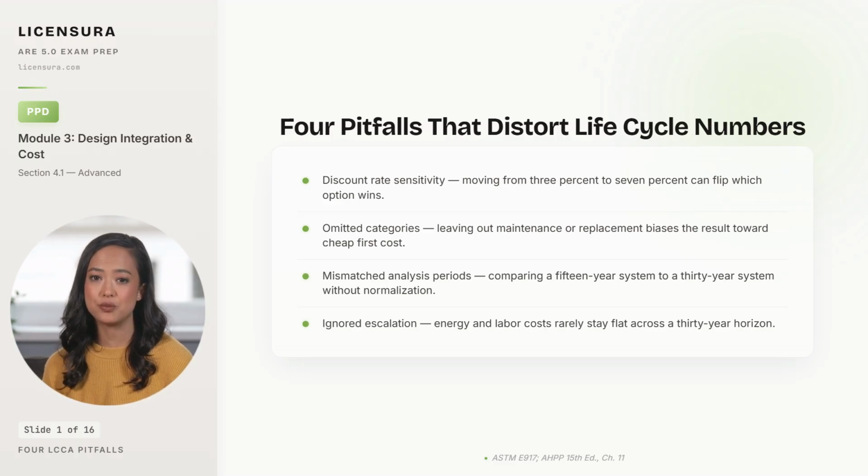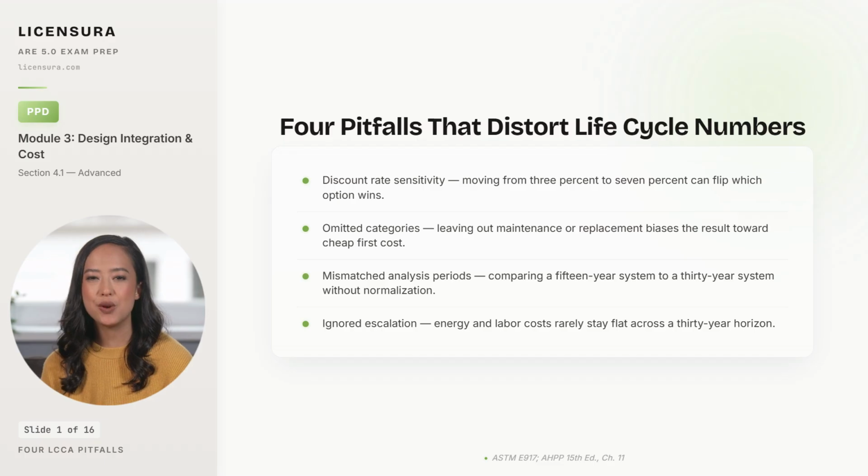Comparing a 15-year roof to a 30-year roof without normalizing the comparison is comparing two different bets, and you have to either extend the short-lived option through a replacement cycle or shorten the long-lived option's horizon. Ignored escalation is the fourth. Energy prices, labor, and replacement parts rarely hold flat for 30 years, and most legitimate LCCA templates apply an annual escalation factor specific to each cost line.